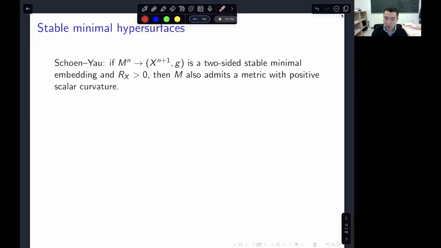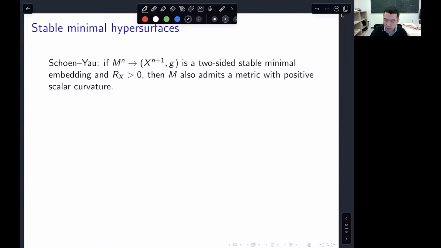So from an ambient space with positive scalar curvature, you obtain a hypersurface inside which also admits positive scalar curvature. You can imagine that if one can repeat this argument, we can inductively descend the dimension from n+1 eventually to 2. But for surfaces, it's very easy to tell which one has positive scalar curvature and which does not.